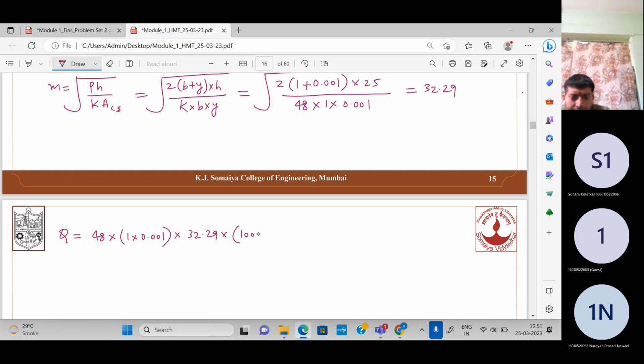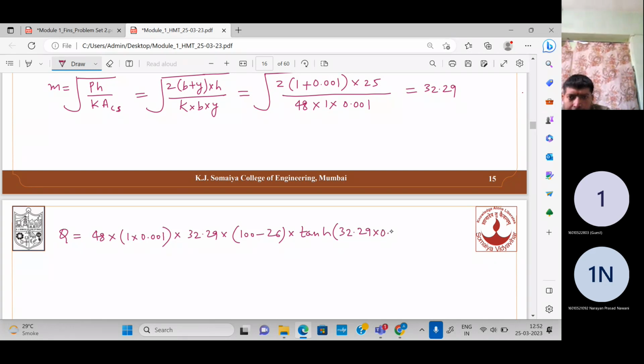kAm into (T naught minus T a). T naught is 100. What is our T a? T a is given as 26, into tanh of mL. So m is 32.29 into length, which is 225 mm, so 0.225.